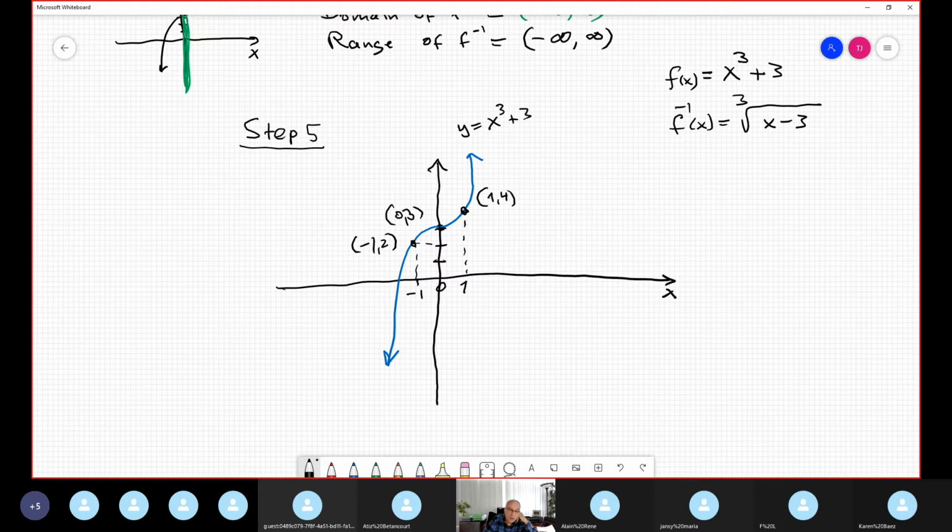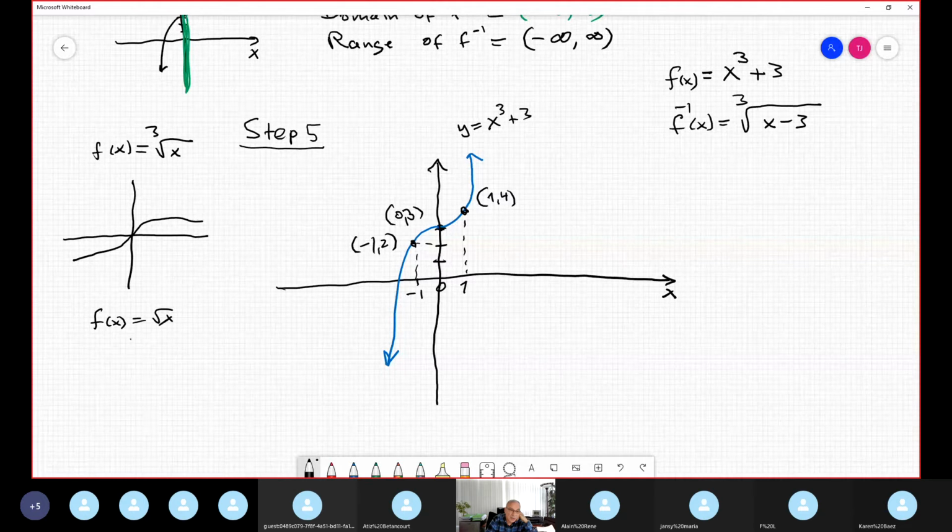I remember when we studied functions that the function f of x equals cubic root of x looks like that. Wow, it's different from the square root. The square root is only one piece, because in the negative part it's imaginary, and imaginary does not exist. However, the cubic root, no.